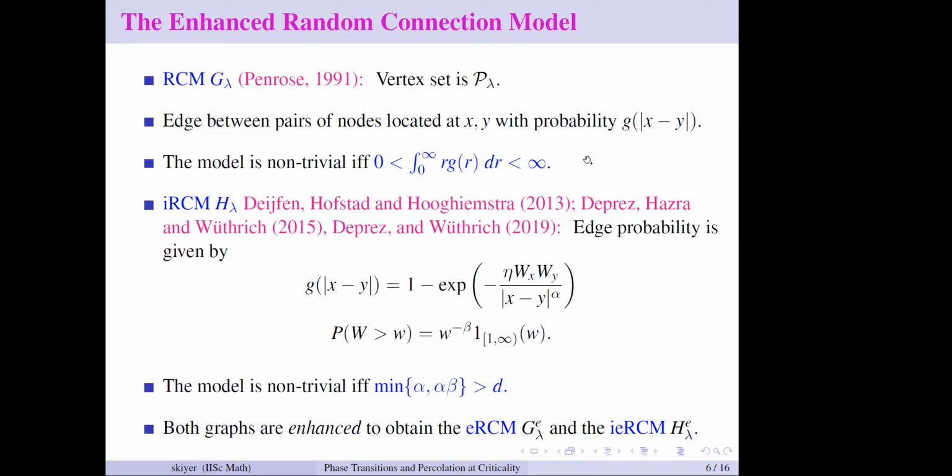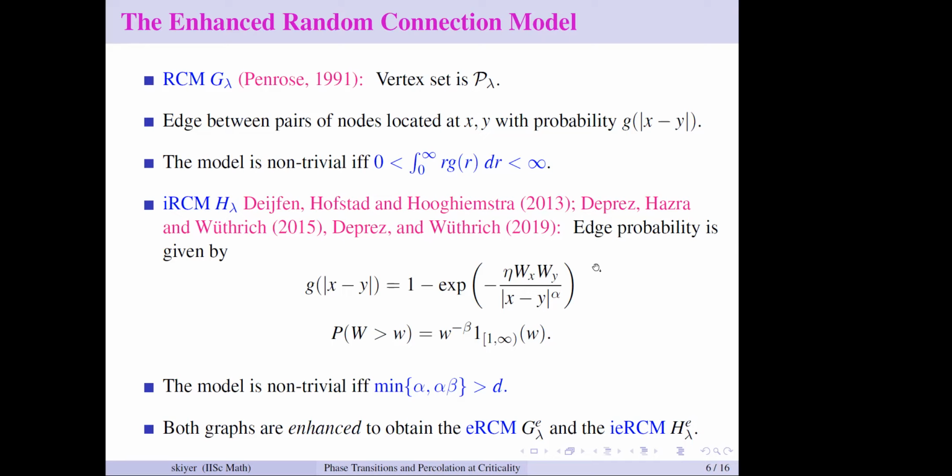In considering these kinds of networks, there was a very nice model that was introduced on the lattice Z^d by these three authors in 2013. This is what we call the inhomogeneous random connection model. In this, the vertex set is again your Poisson point process, and at every vertex, you assign a certain weight.